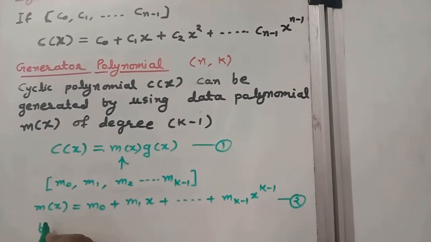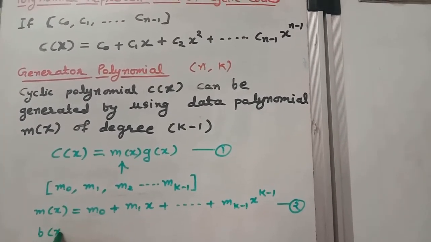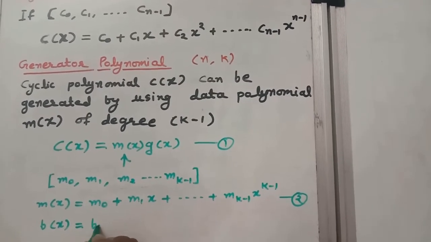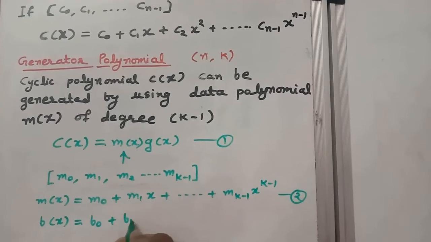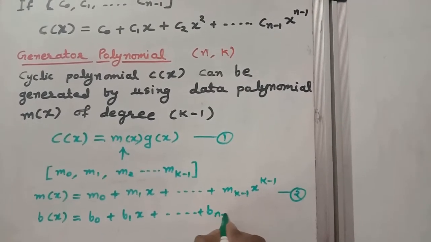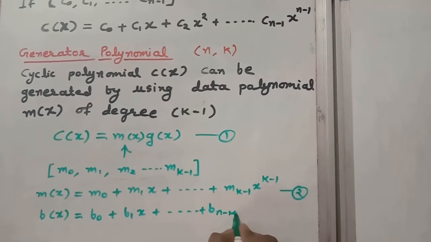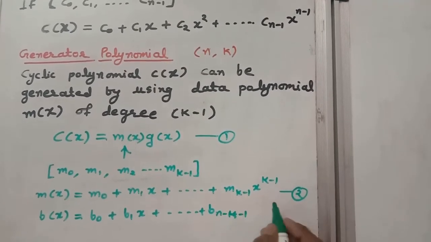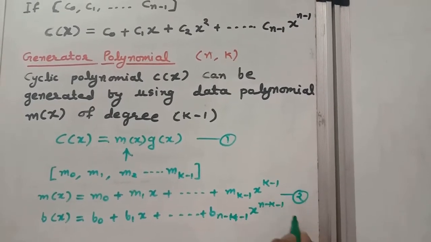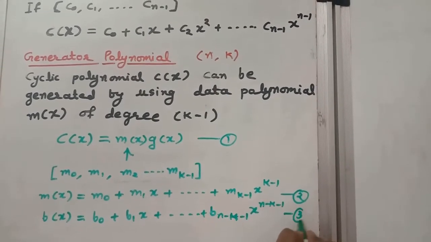So the parity bits polynomial, that is b of x, is represented as b0 plus b1x plus ... plus b_(n-k-1) x raised to power n minus k minus 1. This is, suppose, our equation 3.